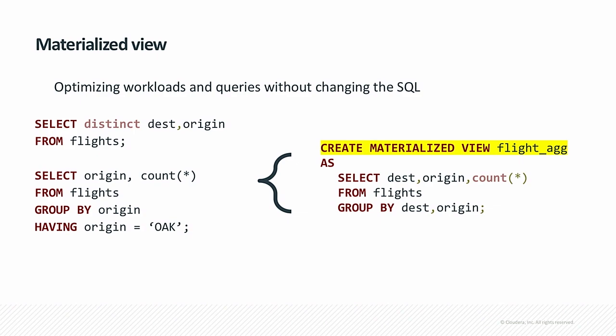And you can rewrite subsequent queries coming in so that they can use these pre-computed results. So this is different from the query cache, right? It doesn't have to be the exact same query. Basically, the Hive optimizer understands the semantics of the materialized view, and so it's able to make transformations based on the view to satisfy the query.